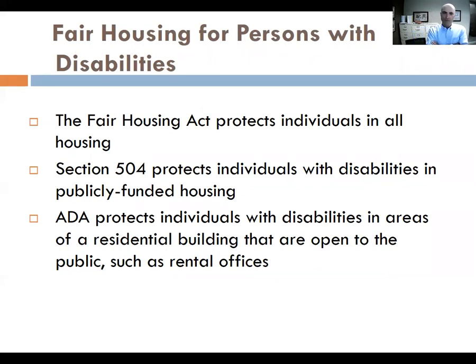Okay, so there are various housing laws. I'm going to digress here for a minute and just mention that Idaho has a Fair Housing Act, very similar to the federal Fair Housing Act, except familial status is not recognized as a protected class. That doesn't matter. The federal law supersedes that state law.